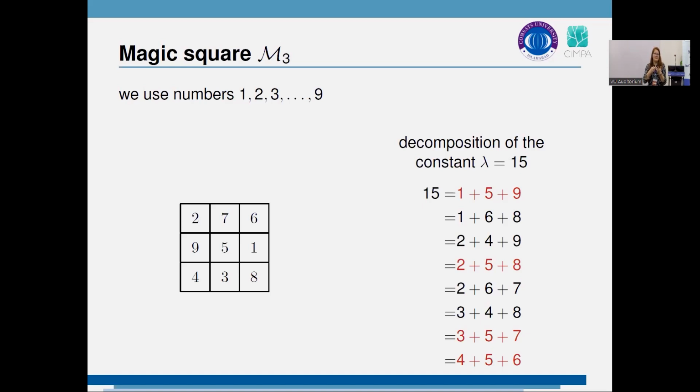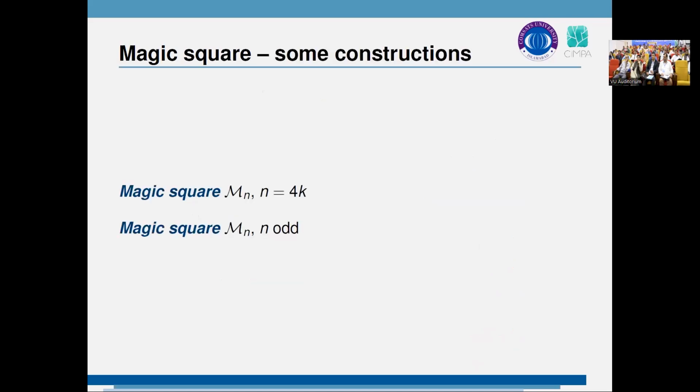And now we are coming to something interesting. For magic squares of order 4, we have 880 up to isomorphism. Of order 5, more than 270 million. Of course, it is not possible to show you all constructions here, so my goal is to show you constructions for just some of them.